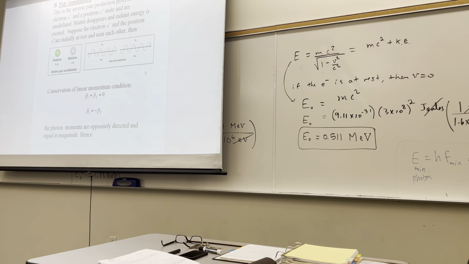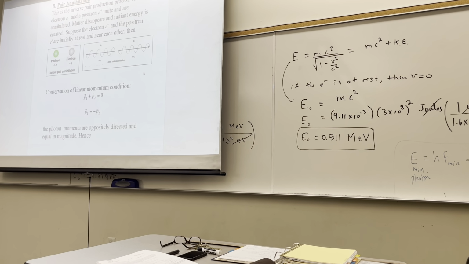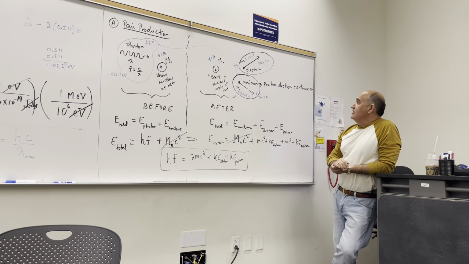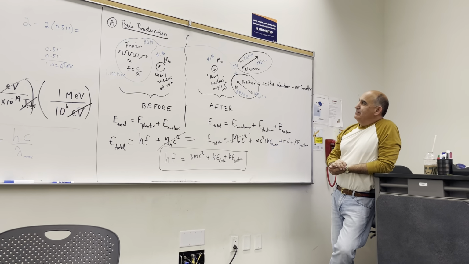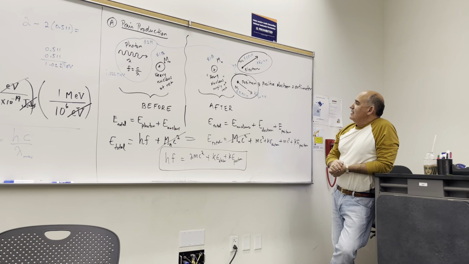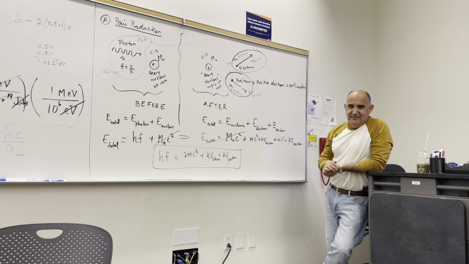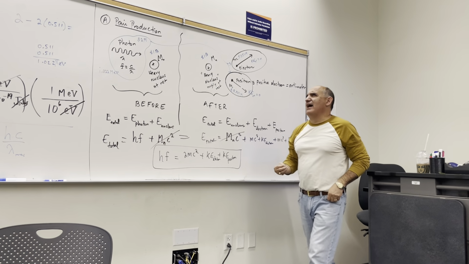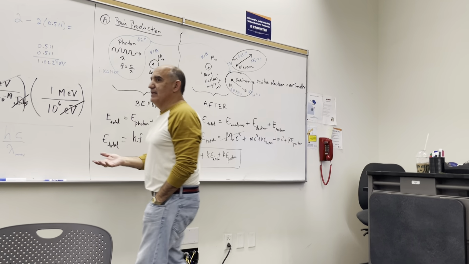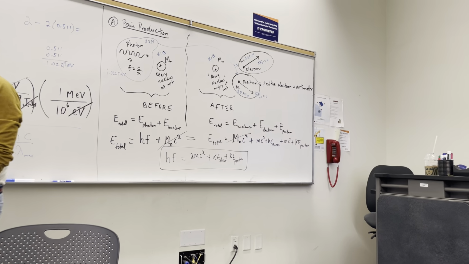So, what if an electron meets a positron? Then, because the positron is antimatter and the electron is matter, they annihilate.